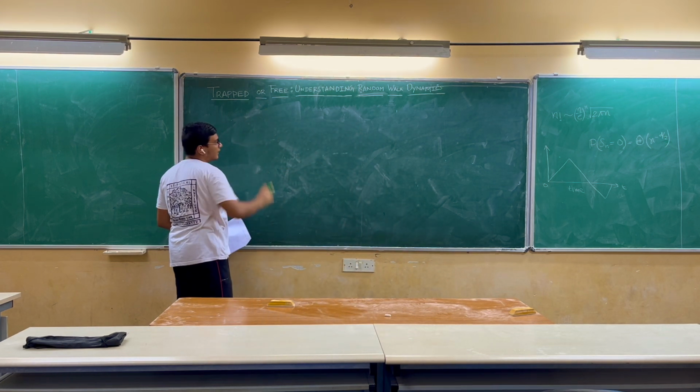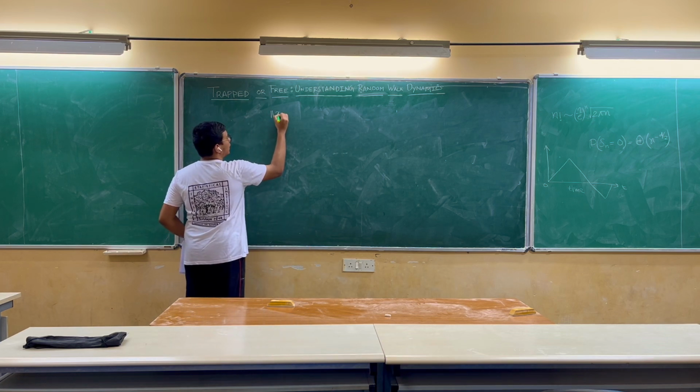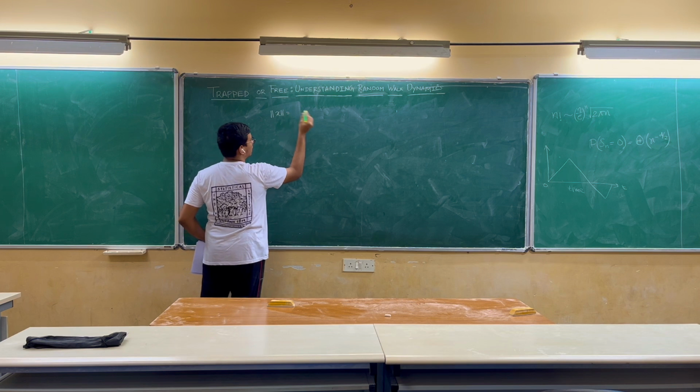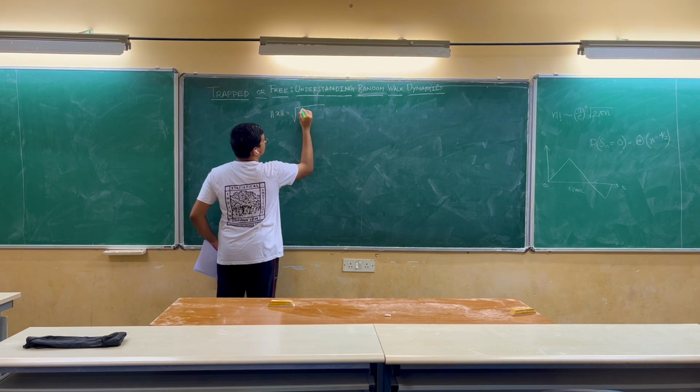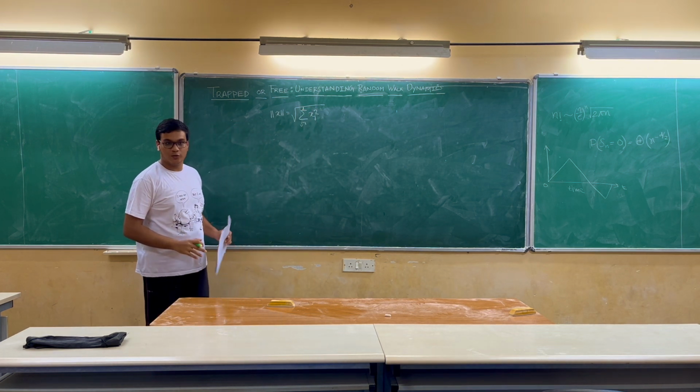So before defining the random walk in d-dimension, we consider the usual L2 norm along with we write the expression. This is the usual L2 norm which we will consider.